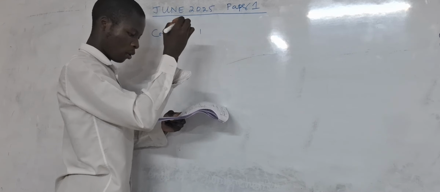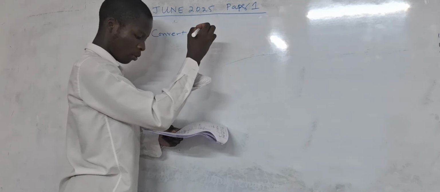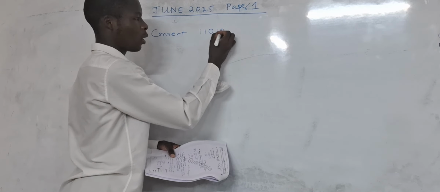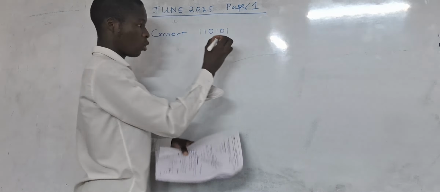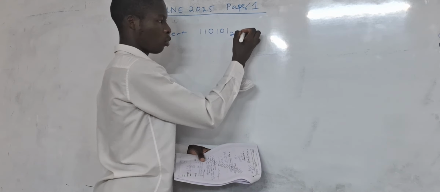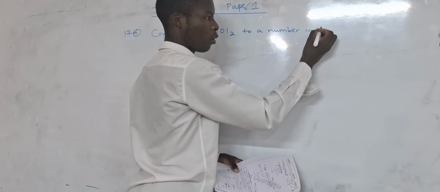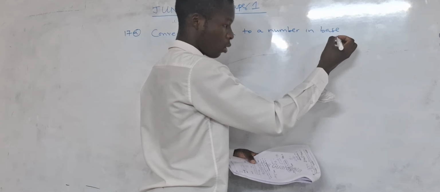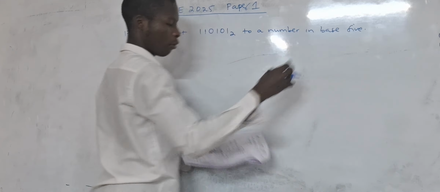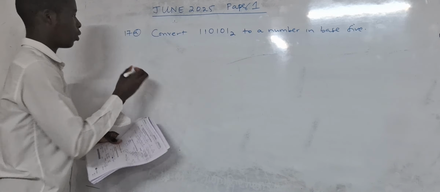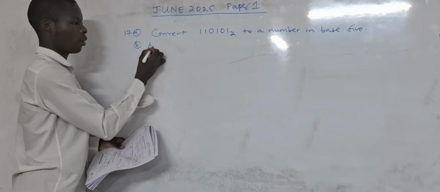Convert 101 in base 2 to a number in base 5. Okay. B.